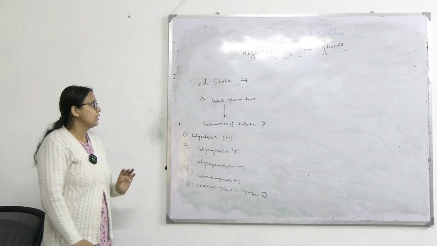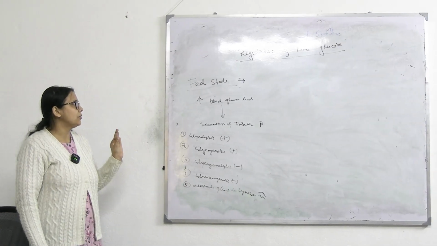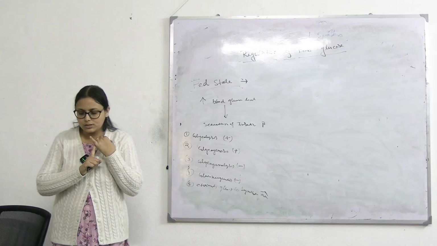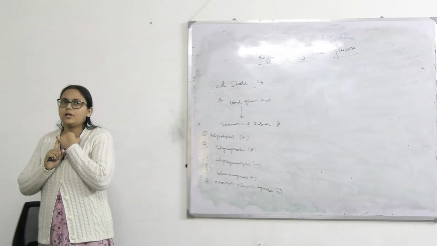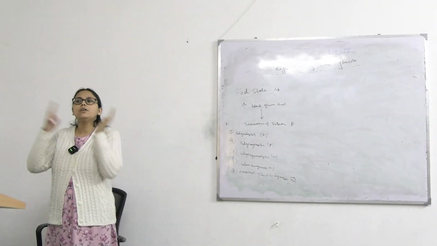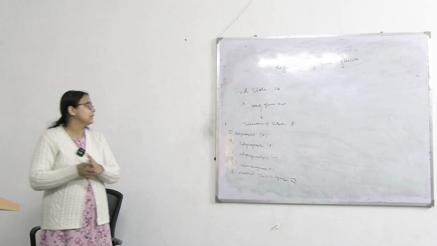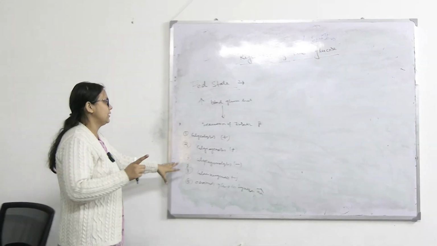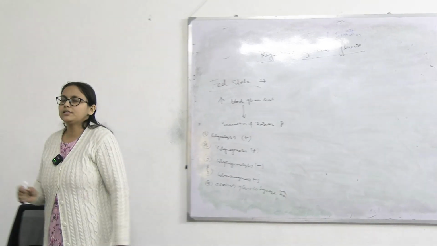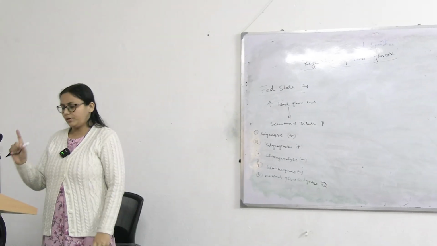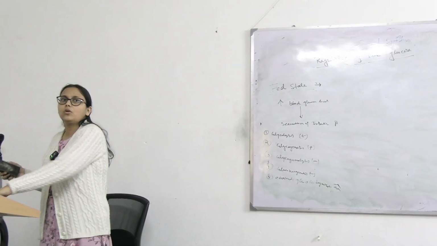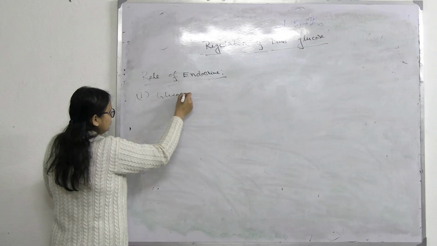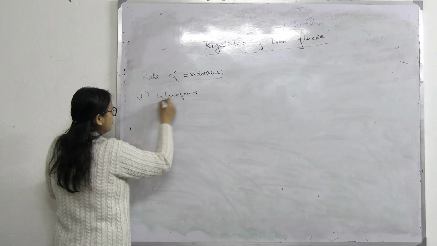So we have discussed the factors causing addition of glucose into the blood, factors causing leaving of glucose from the blood, then what happens in the fasting state and in the fed state. Now we will discuss the role of endocrine, meaning the role of different types of hormones.